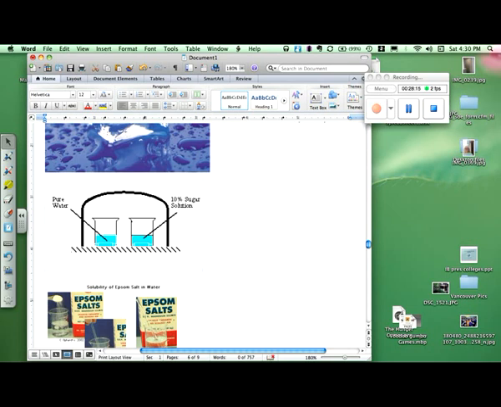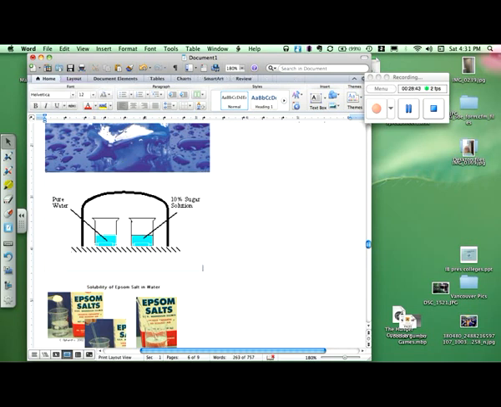This here is probably a picture that was meant to go with osmosis, but one is pure water and one is sugar solution. Separating the sugar from the water would be a physical change. We will not change the particles.